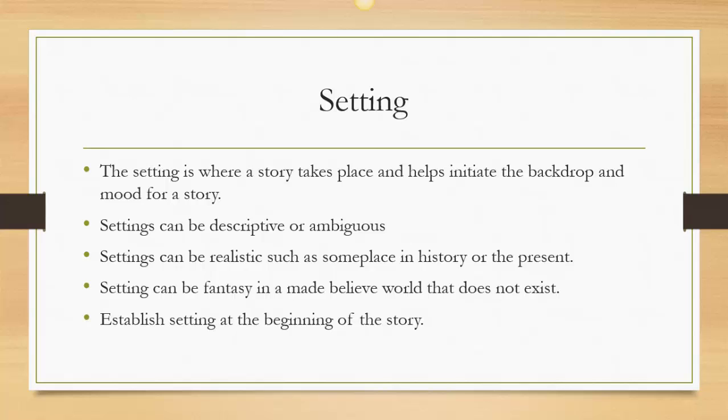So they usually have a little bit on the setting, and then your brain is supposed to take it away from there. Settings can be realistic, such as someplace in history or in the present, or settings can be fantasy in a make-believe world that does not exist. And an author usually establishes a setting at the beginning of a story.